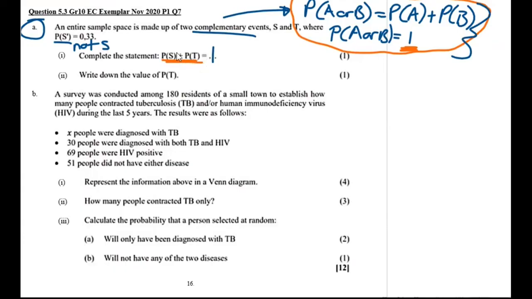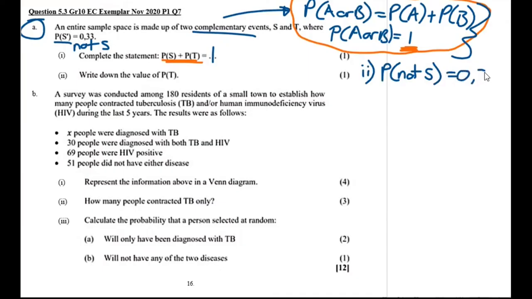Okay. Now they said write down the value for the probability of T. And Natalia, before I start plunging into asking you to do the calculations, I want us to just think, if you look at the information they've given us, the probability of not S. They didn't give us anything about T, did they?